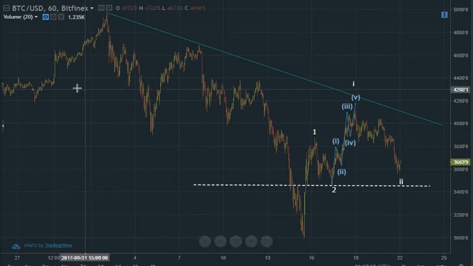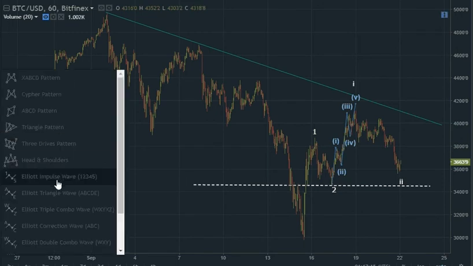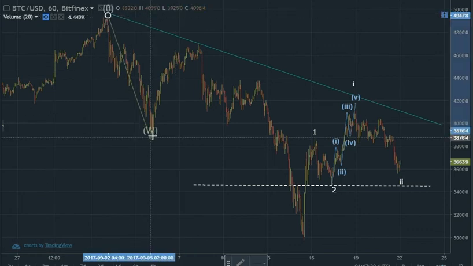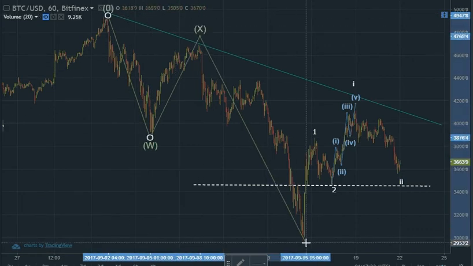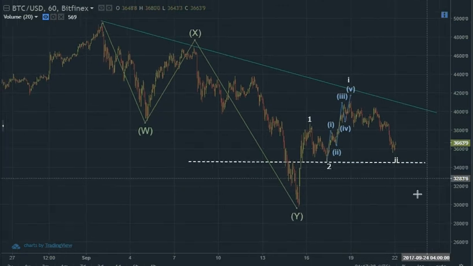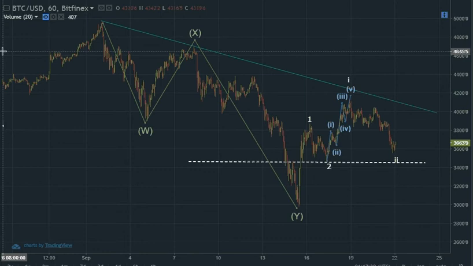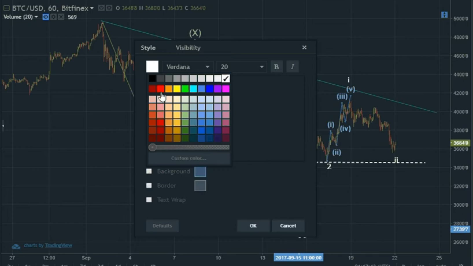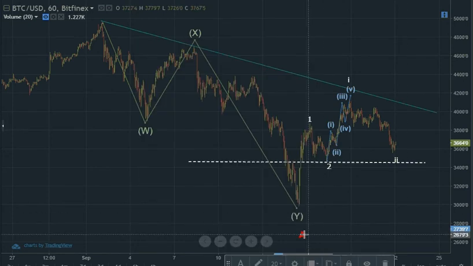is a scenario where I was simply looking at a WXY, which is an A wave of the retracement.